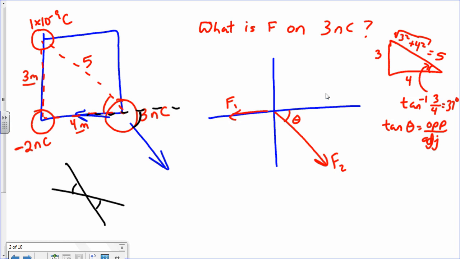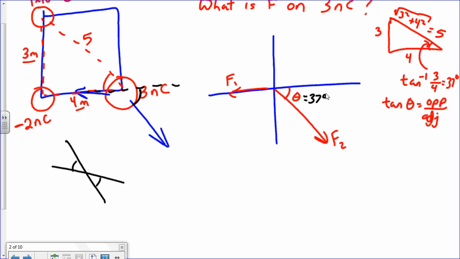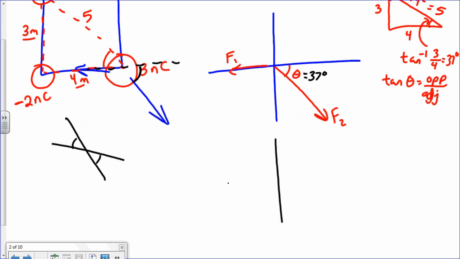Okay, guys, y'all with me on this? Yes. It's important. We did this a lot last semester, but it comes up again this semester. Okay, so if this angle is 37 degrees, now I want to find the x and y components of F2. So I have F1 here.